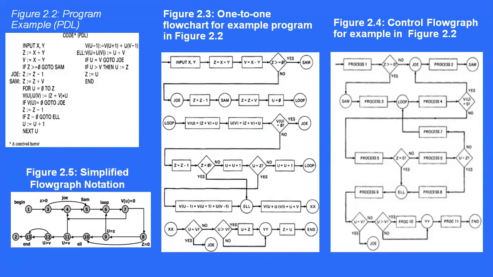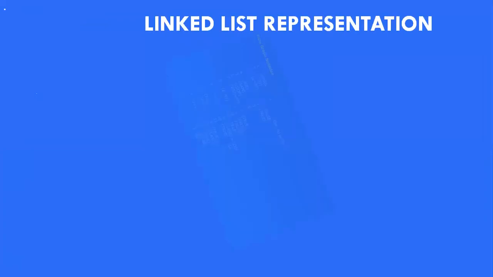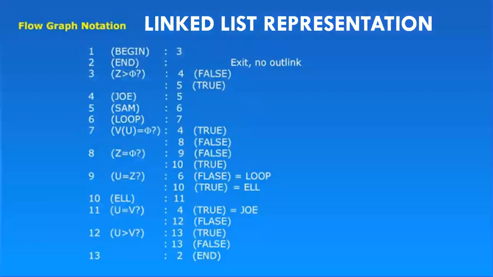Now, let us see how we can represent the program in a linked list representation. Although the graphical representation of flow graphs reveals the details of the control flow inside a program, it is often inconvenient.